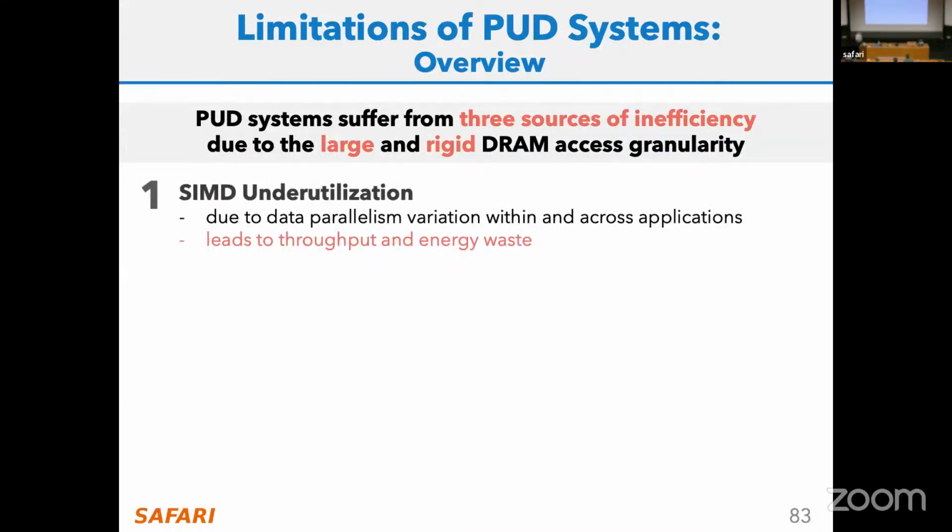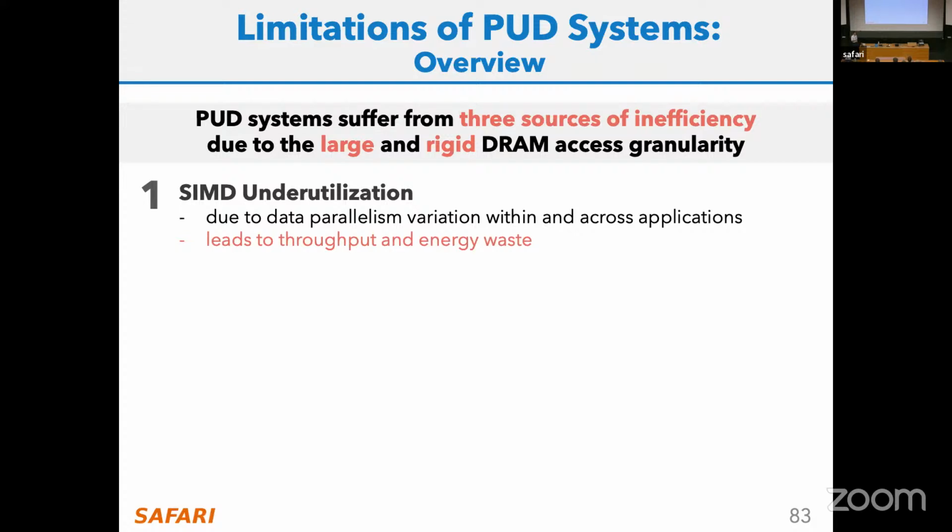So in this work, we are addressing 3 main limitations of this SIMD-RAM type of substrate. The first one is that since the granularity of computation is fixed to those 65,000 operations at a time, when you go to real applications and try to map them onto the substrate, a lot of the time you're going to have SIMD underutilization. It's really rare that across the entire run of the application you have that amount of parallelism to get high SIMD utilization.